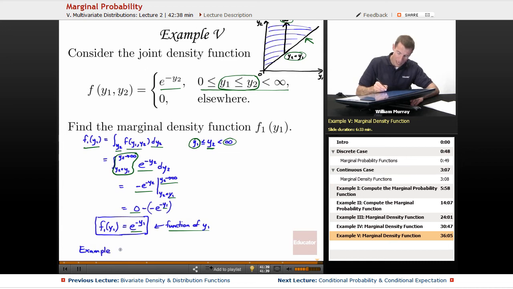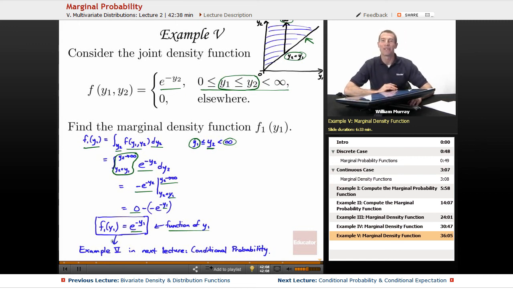So we're going to use the answer to this example in the next lecture, which is on conditional probability and conditional expectation. So you'll see this coming back, so I want to make sure you understand this now so that when we drop the answer in, you won't be confused by it in the next lecture.